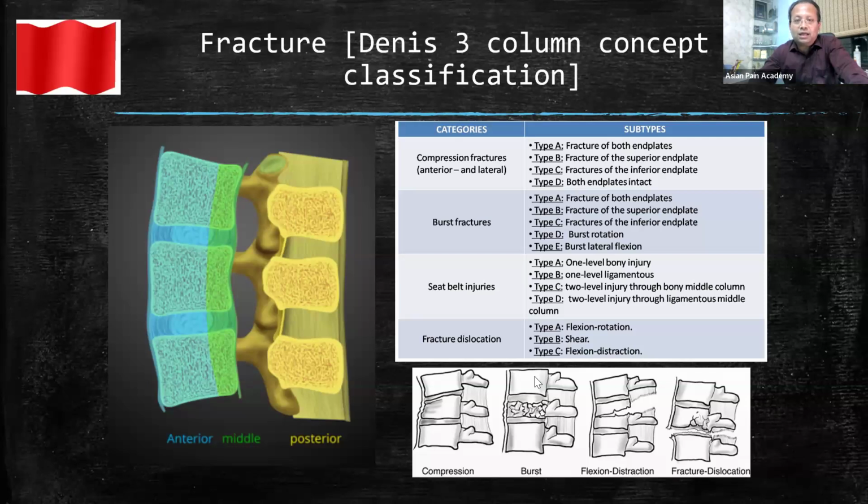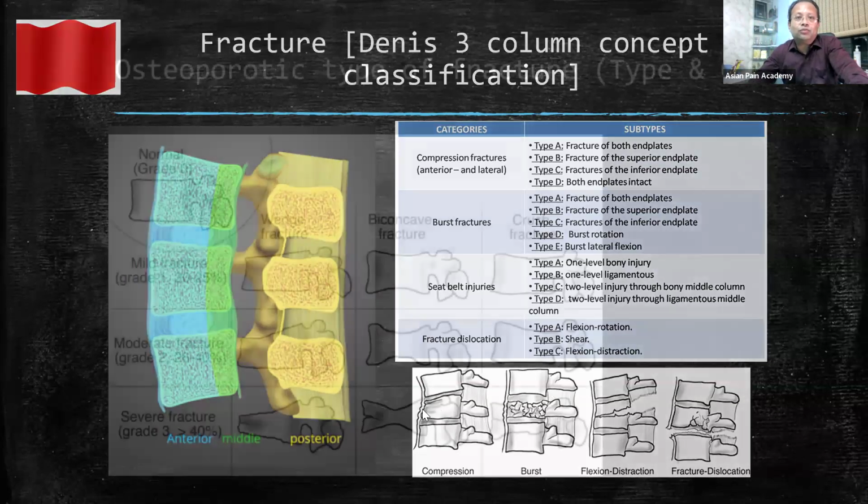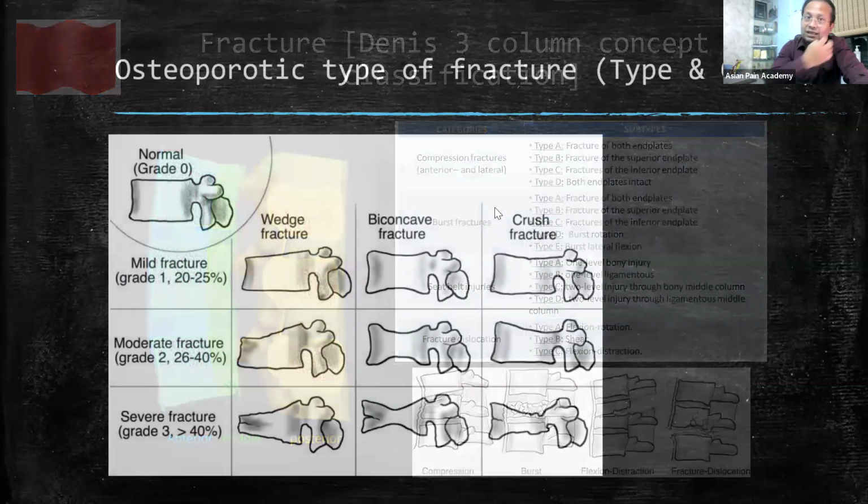These three mainly are for the spine surgeon, orthopedician, neurosurgeon. But the compression fracture, mainly the osteoporotic compression fractures, we treat as a pain physician. So we will see whether a fracture is there or not.